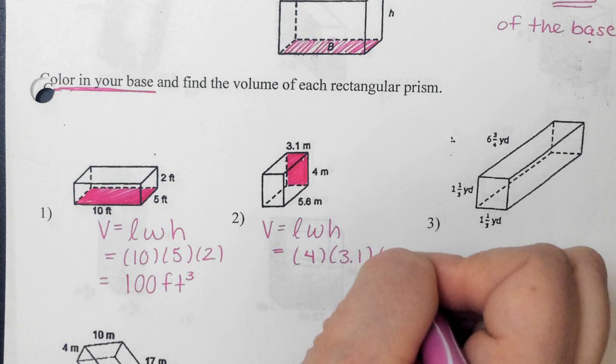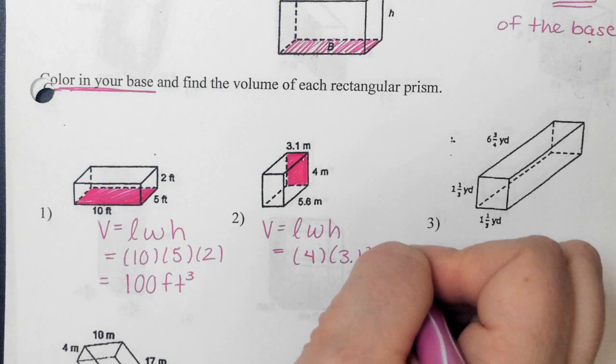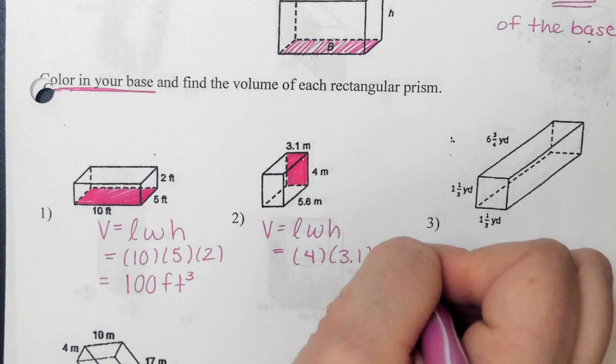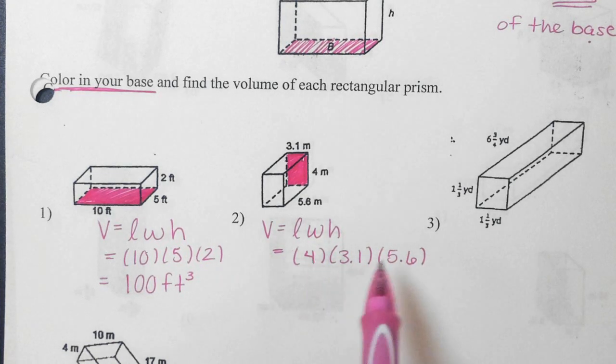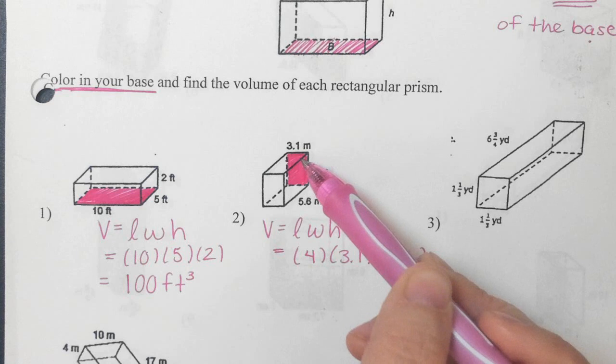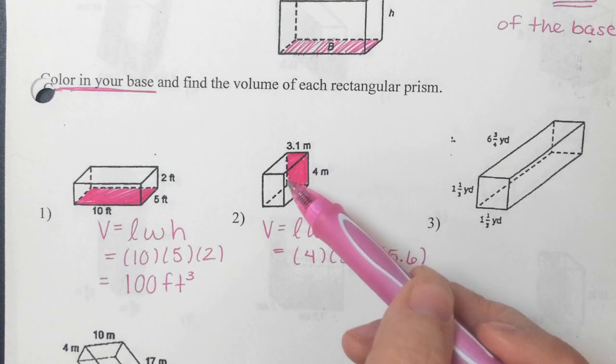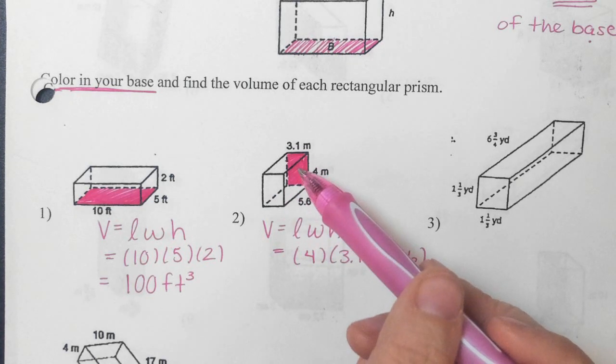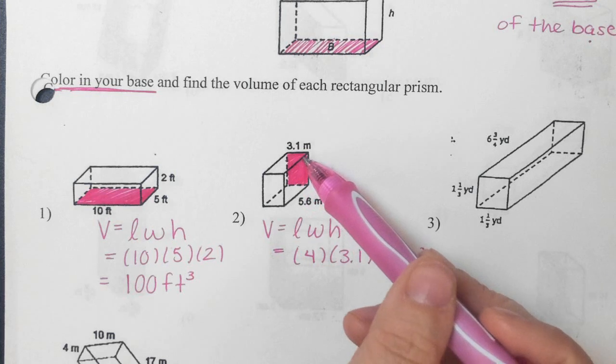What's the other number on there? 5.6. Okay, so what's happened here is this would have been the base, but it's kind of like this shape was pushed over. All right, this shape was pushed over.